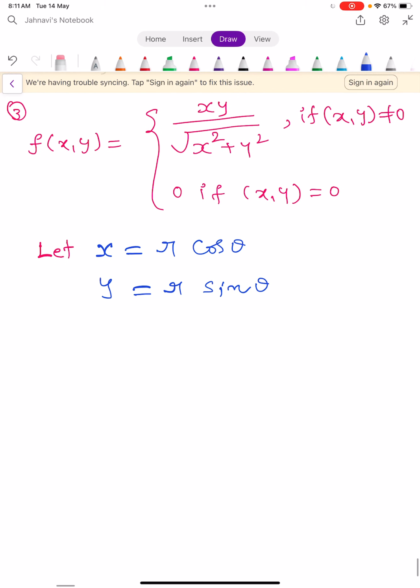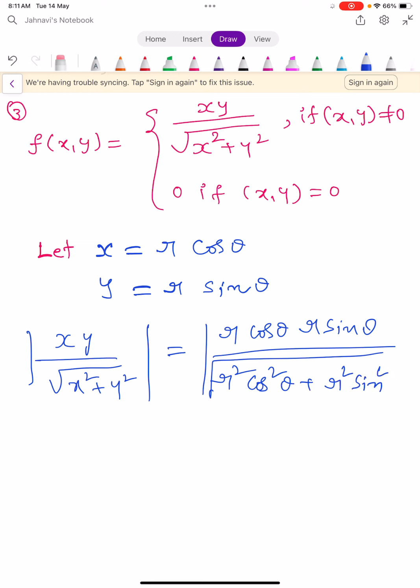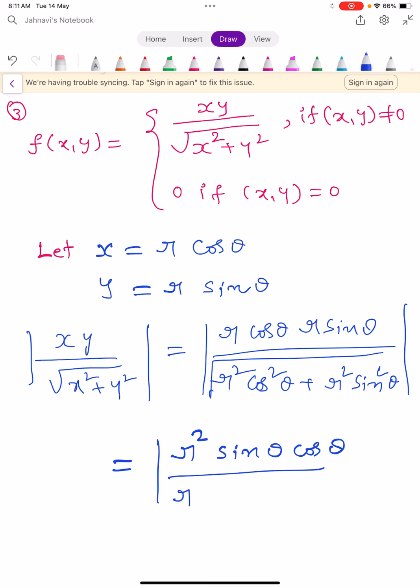Then mod xy by square root of x square plus y square is equal to mod r cos theta r sin theta divided by square root of r square cos square theta plus r square sin square theta, which is equal to mod r square sin theta cos theta divided by r into square root of sin square theta plus cos square theta.